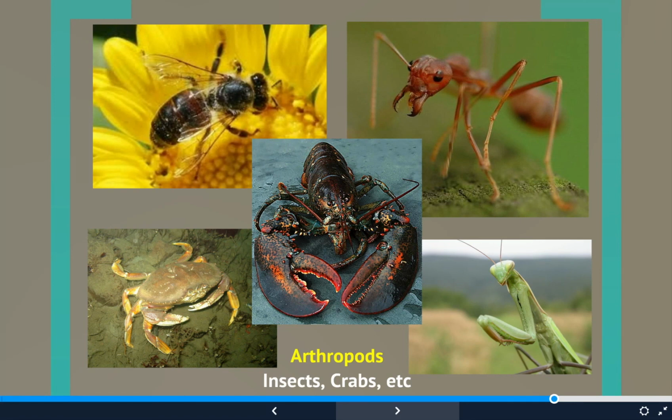These are called arthropods. These also have an exoskeleton that crunches because of a carbohydrate. So when you step on a cockroach, it goes crunch because of the carbohydrate that's found in their exoskeleton.